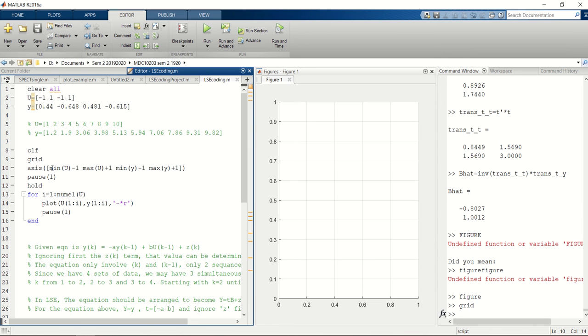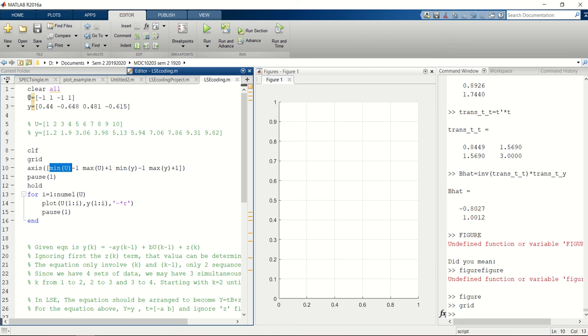This is how we do it. The first value in our matrix is the minimum x, and then maximum x, minimum y, maximum y. So here I put min u.